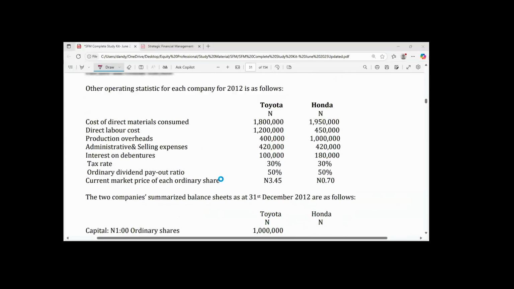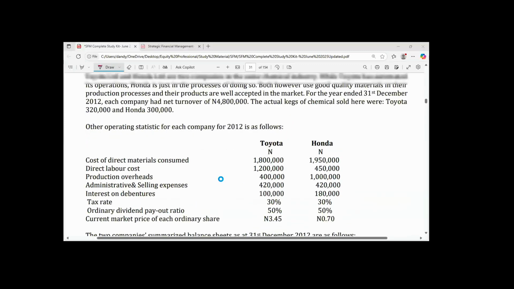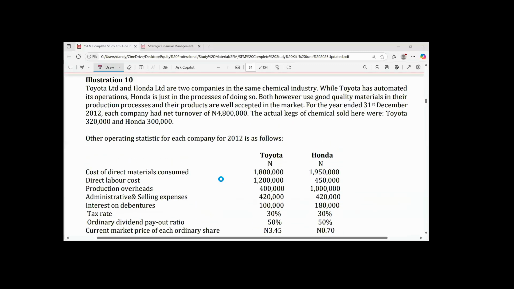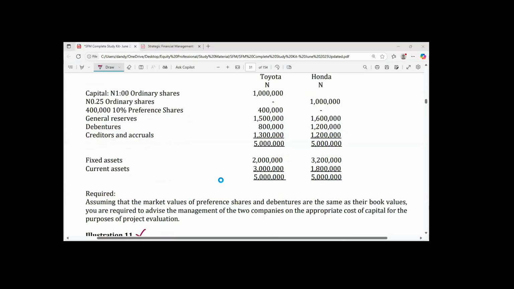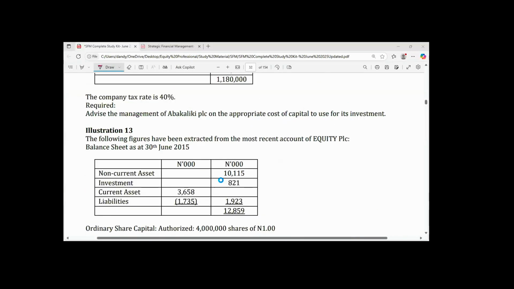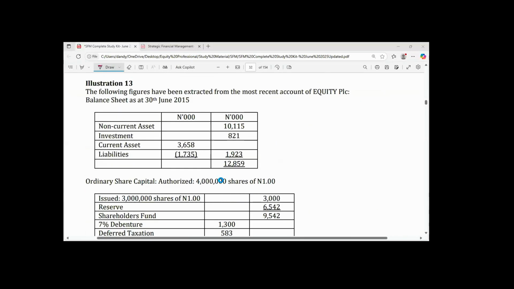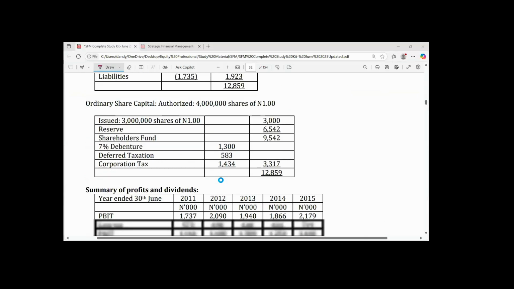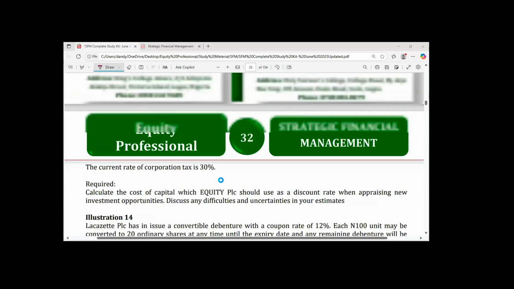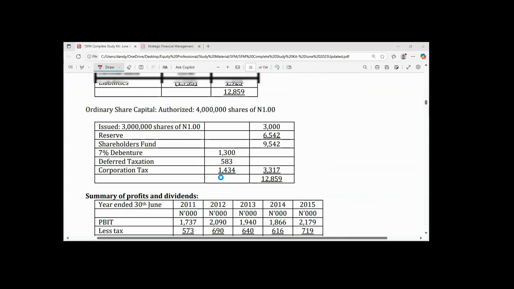All right, let's have another illustration. Okay. Let's have this illustration 13 to explain some concepts. Yes, who is helping us to read?